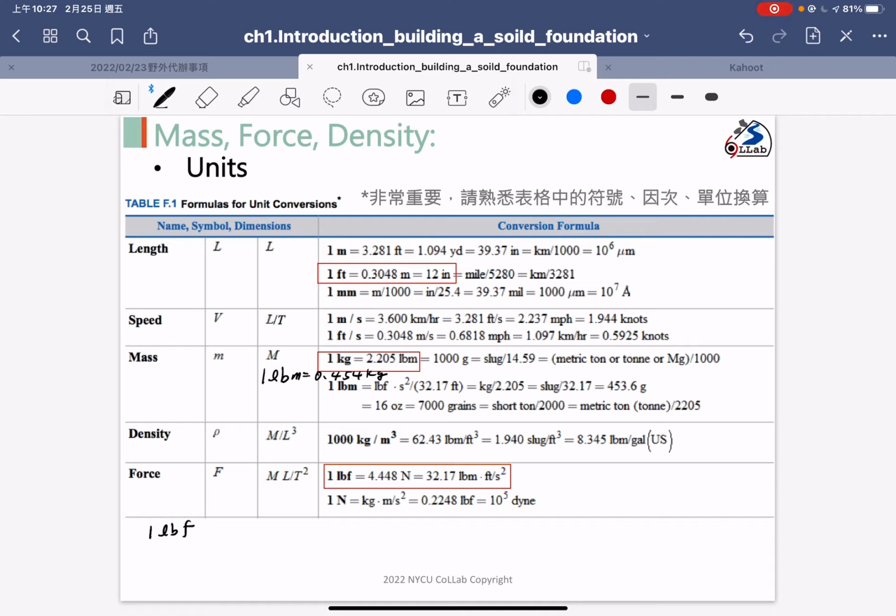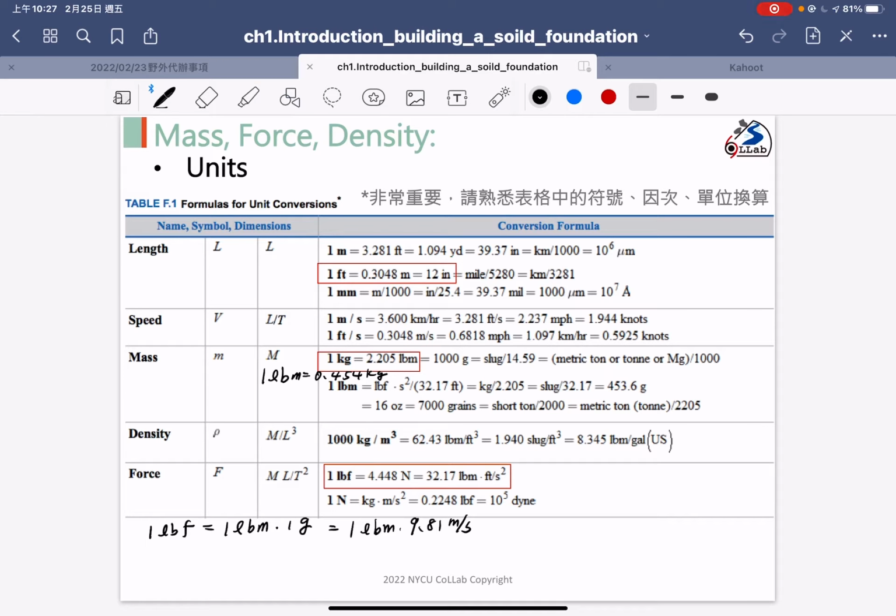What is the 1 pound force? The 1 pound force indicates 1 pound mass multiplied by 1 g. And we know that g is the gravity constant, right? And the gravity constant, usually we know, is 9.81 meters per second squared, right?